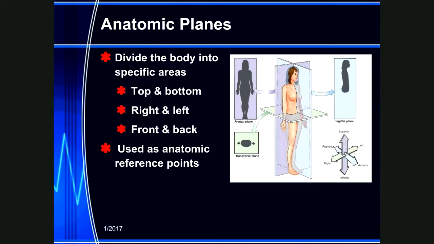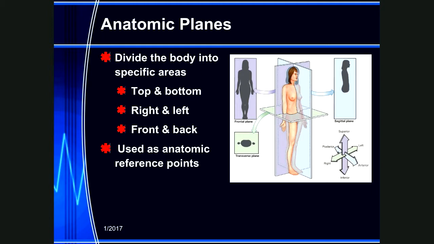Talk about some anatomic planes. The body is divided into planes to describe specific areas. We have a plane from top to bottom called the transverse or horizontal plane.